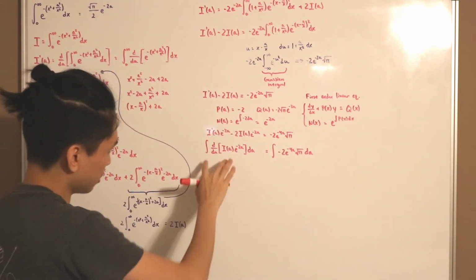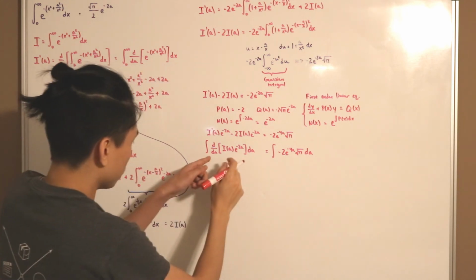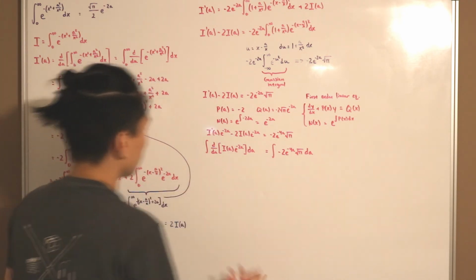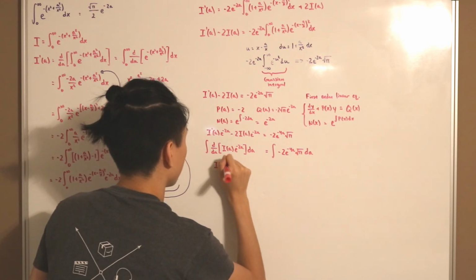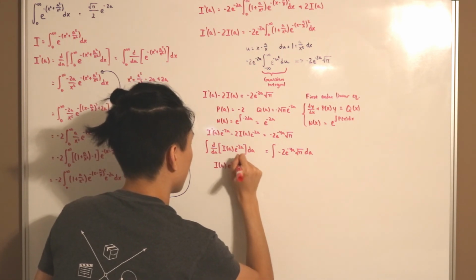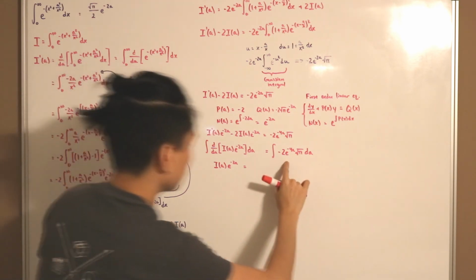And then when we take the integral of this, it just cancels out. So the d over da and the da cancel, and all that's left is just the inside. So it's just I of a e to the -2a, which is equal to this integral here.